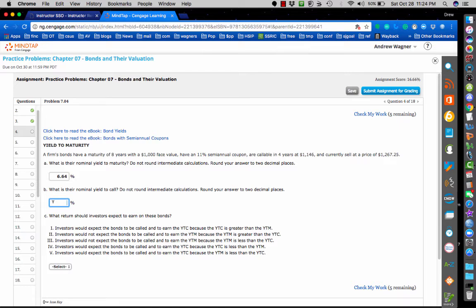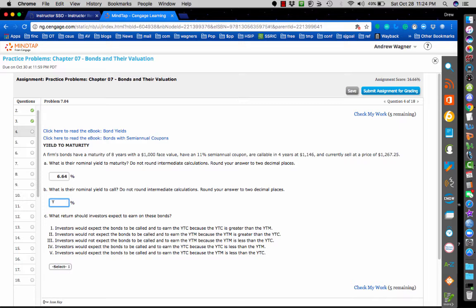If it's called, you would get $1,146 instead of the principal payment of $1,000. So we have to change future value from 1,000 to 1146. So type 1146, then press the FV button. And it's callable in 4 years. That's 8 periods. That's 8 payment periods. So N would be 8.